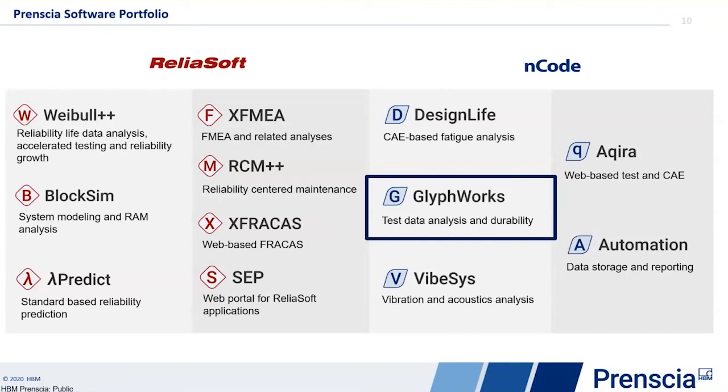So this goes to the next level of integrating all the nCode products into the web. Today we will talk about GlyphWorks and some kinds of analysis related to the automatic generation of the report.